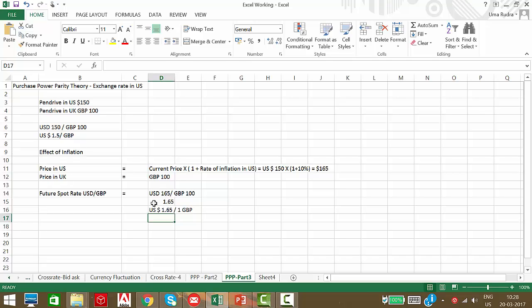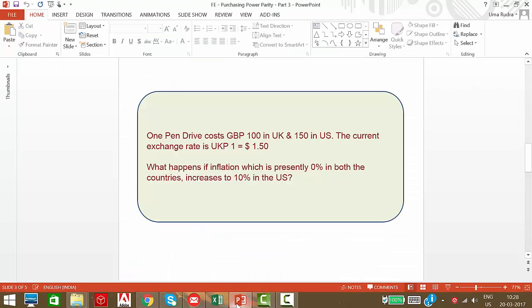Earlier it was 1.5 dollars per 1 GBP; this time, because of inflation, it is $1.65 per GBP. So that's the effect of inflation. Clear? Let's see another example.